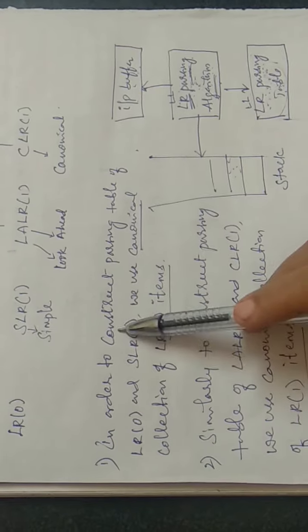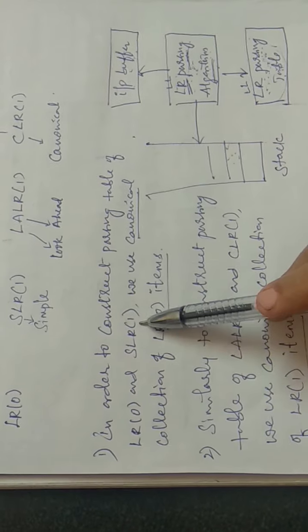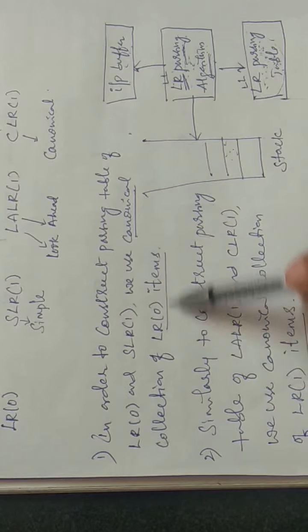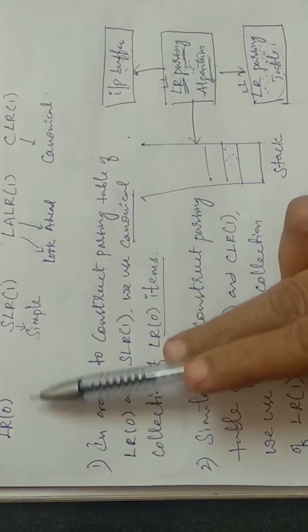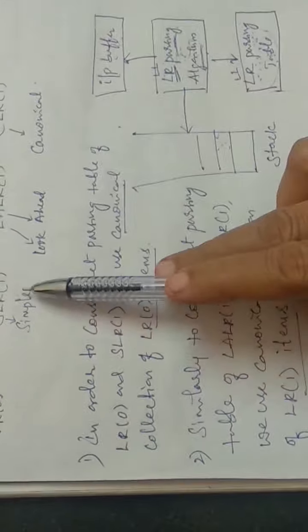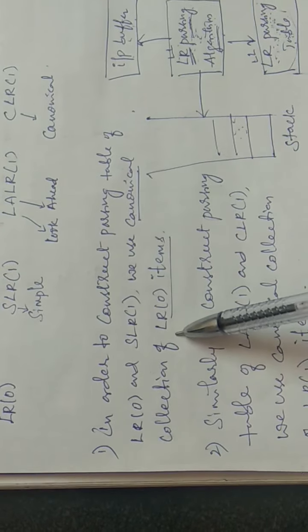In order to construct the parsing table for LR0 and SLR1, we require the canonical collection of LR0 items.